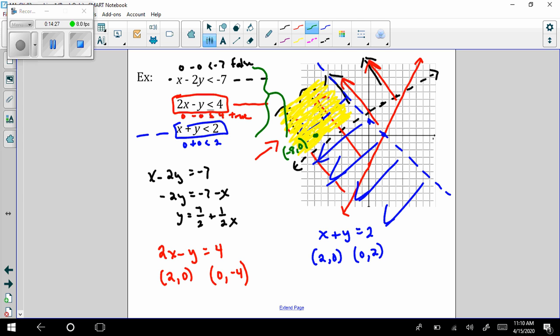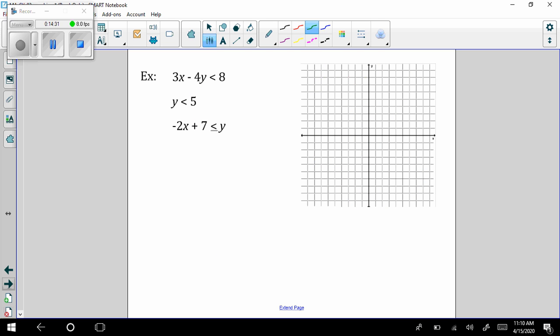All right, let's see if I can stay neat on this last one. Okay, so again, 3 of them. So for the first one, this is going to be a dashed line. 3x minus 4y equals 8. Probably go ahead and solve it for y.